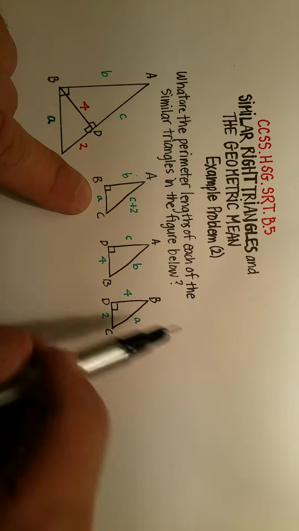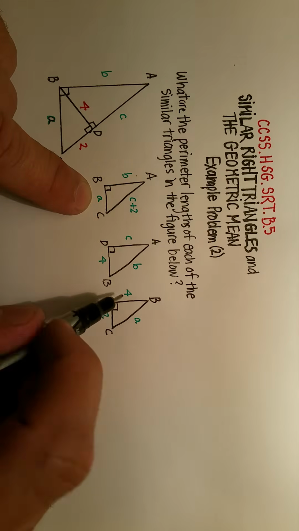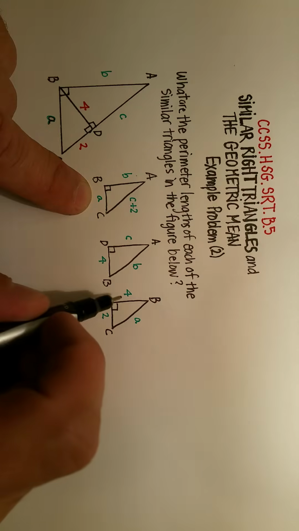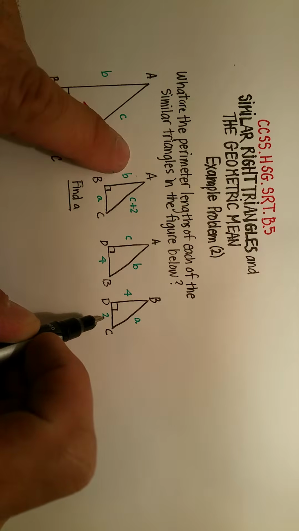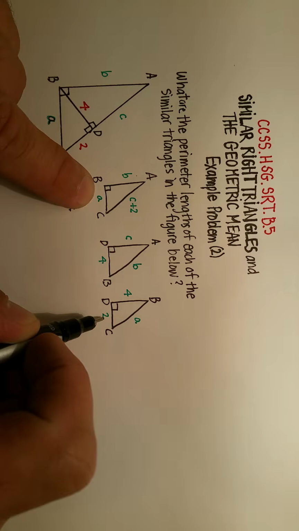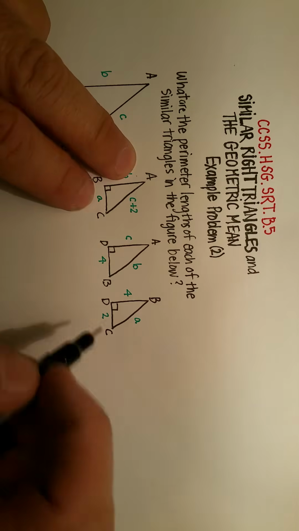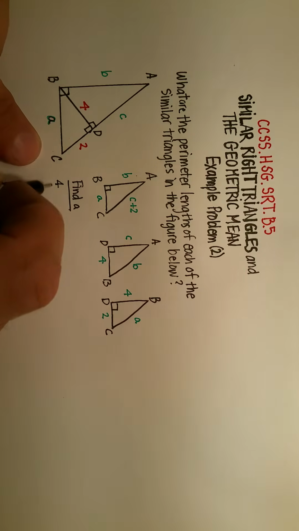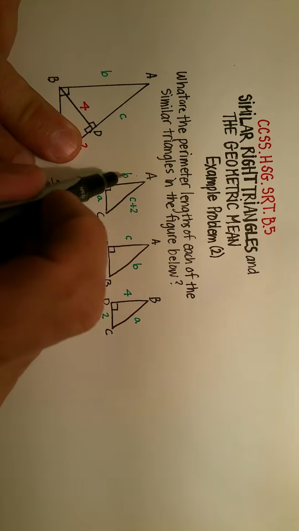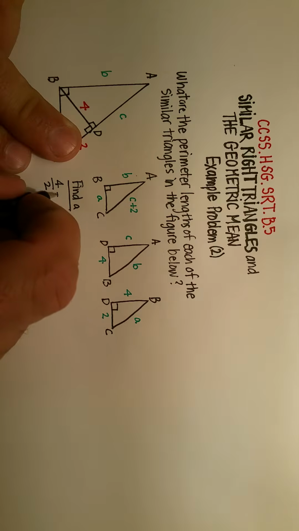I could say, oh, I've got it. 4 is to 2 as B is to A. That way we'll find B, okay? We can do that. So 4 is to 2 as B is to A.